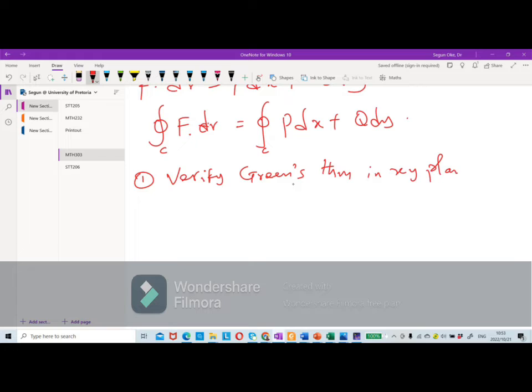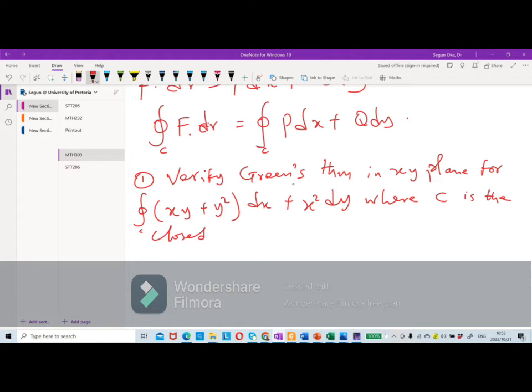In the xy plane, for this closed integral of (xy + y squared) dx + x squared dy, where C is the closed curve of the region bounded by y equals x and y equals x squared.